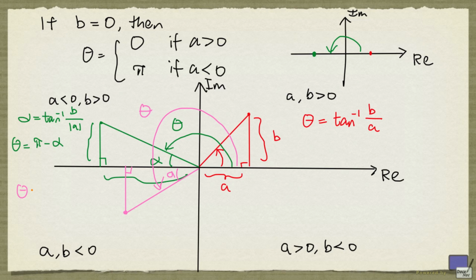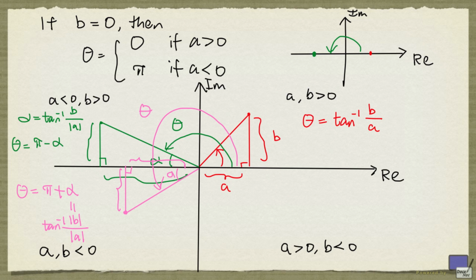But alpha is given by the inverse tangent of the absolute value of b divided by the absolute value of a. The reason is the length of the opposite side is given by the absolute value of b, and the length of the base is given by the absolute value of a.